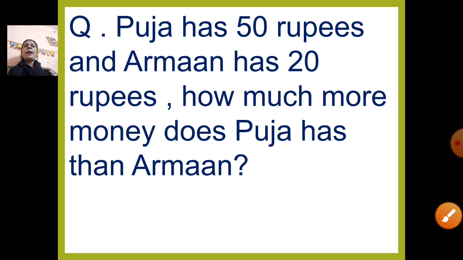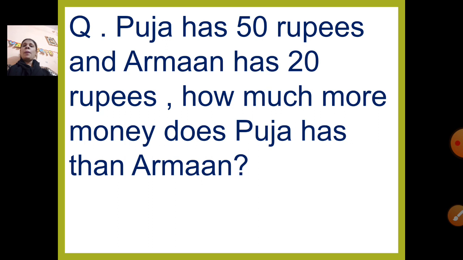Now, Pooja has 50 rupees and Arman has 20 rupees. How much more money does Pooja have than Arman? Pooja is having 50 and Arman is having 20.